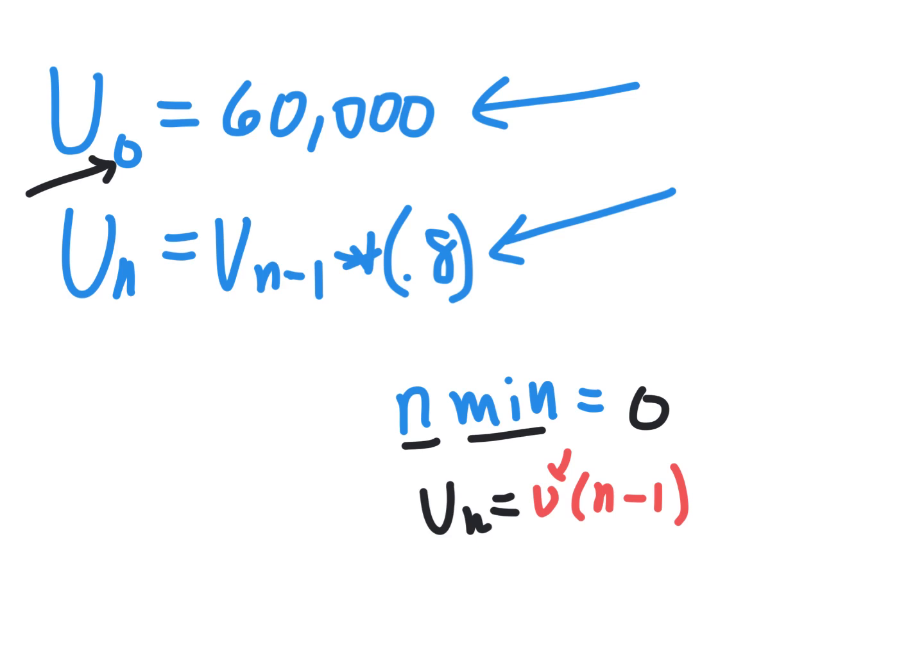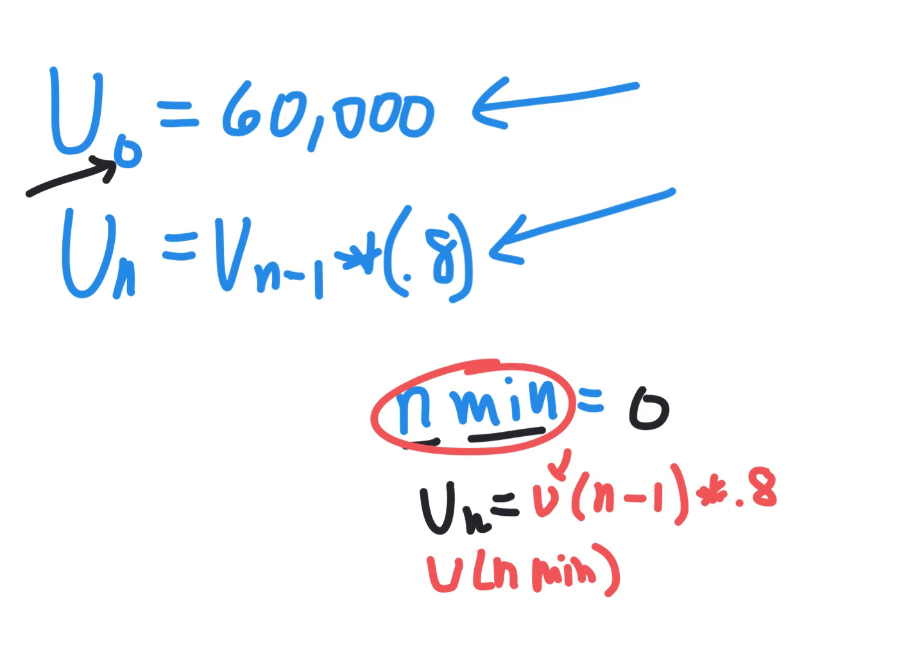And then this one's times 0.8. And then there's a third line. And the third line is u n min. And n min was 0. So they're really saying, what's u sub 0? It's right here, 60,000. If you put that in properly, raise your hand.